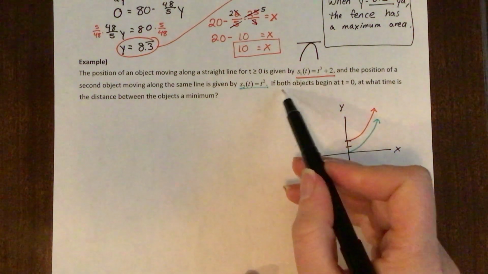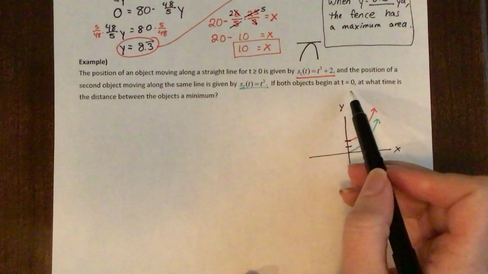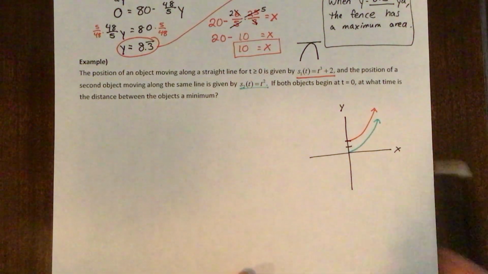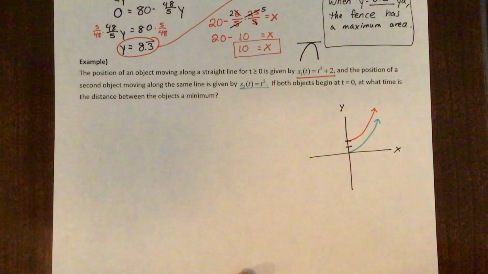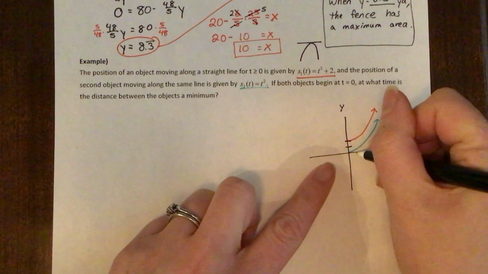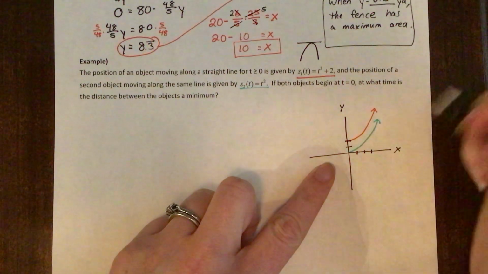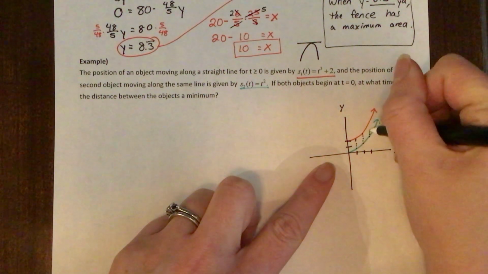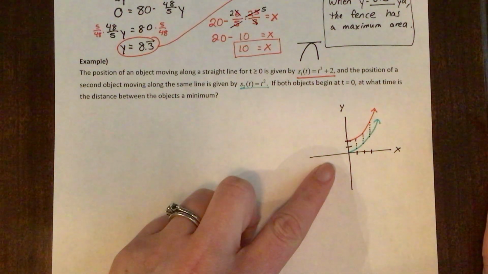Okay, we say that both objects begin at t equals 0. At what time is the distance between the objects a minimum? So we want to know at what value of t the distance between the objects is a minimum.